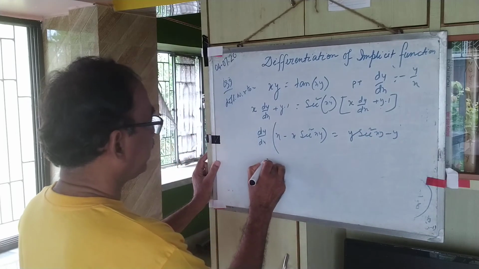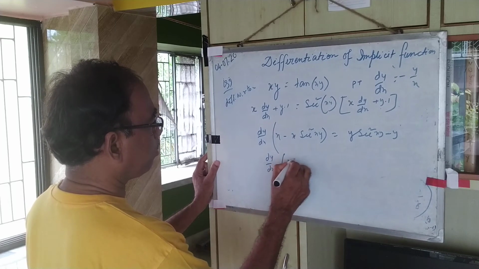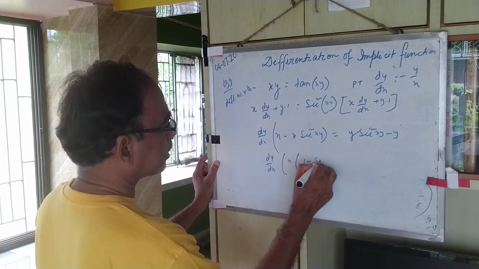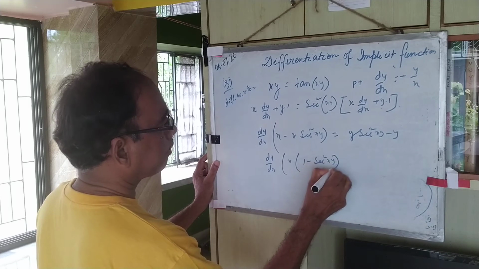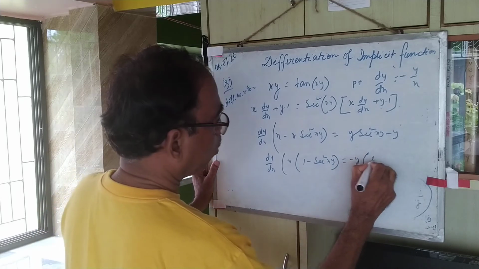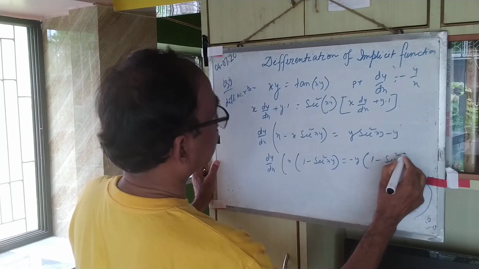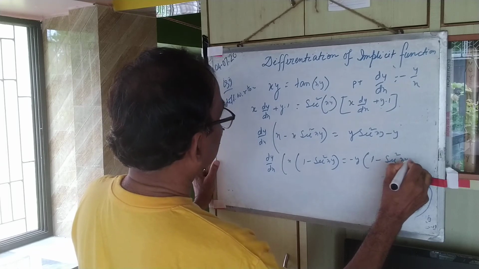Then dy by dx, here x common into 1 minus sec square xy, here minus y common into 1 minus sec square xy.